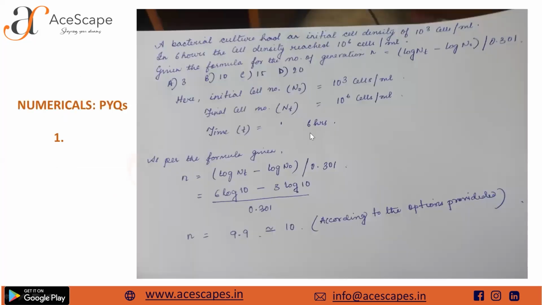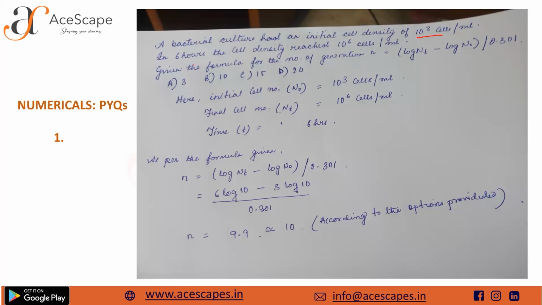So I would go for one numerical here. I think this was in GATE 2010 or 2008, something like that. This is a very preliminary question. All the participants can also try it, just write it down. A bacterial culture had an initial cell density of 10 to the power 3 cells per ml.